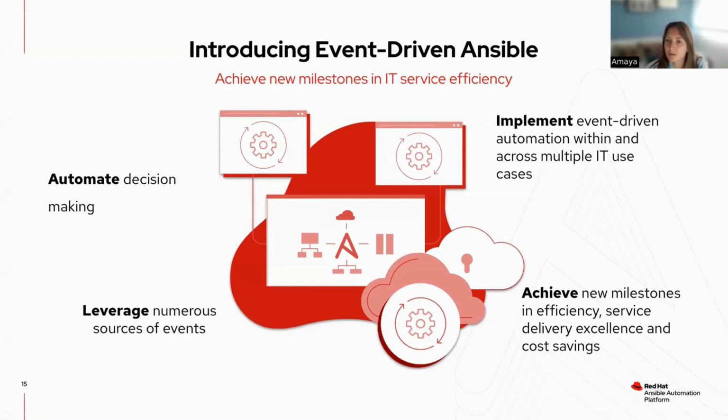With event-driven automation, we break free from the limitations of manual intervention and embrace a world where decisions are made autonomously based on real-time events. By leveraging numerous sources of events, we tap into a wealth of information that fuels the automation engine. Whether it's system alerts, user requests, or external triggers, Ansible empowers us to proactively respond and take action.